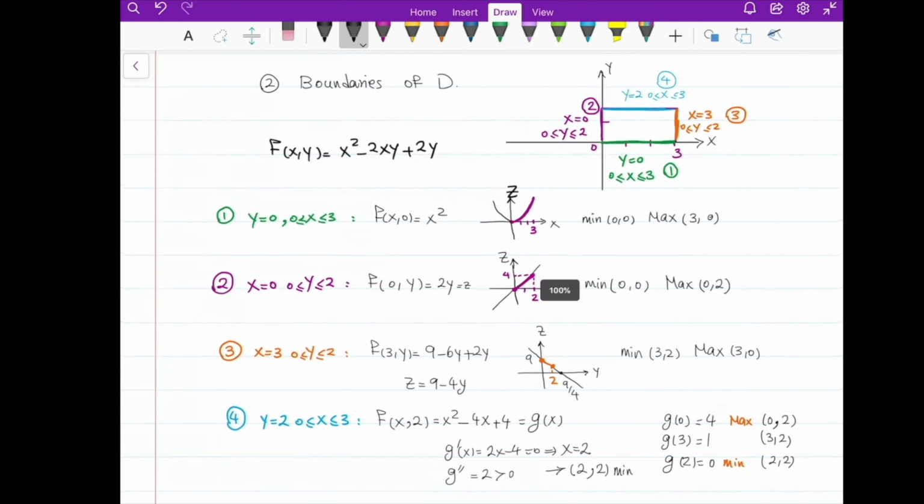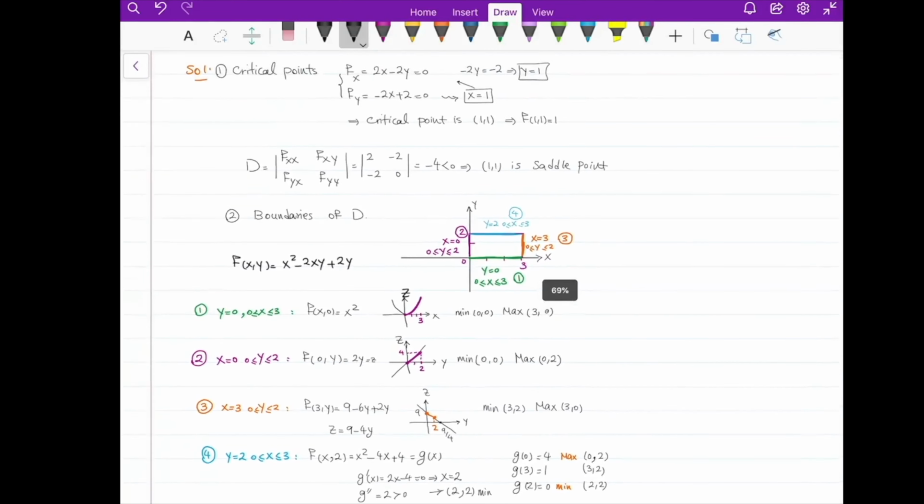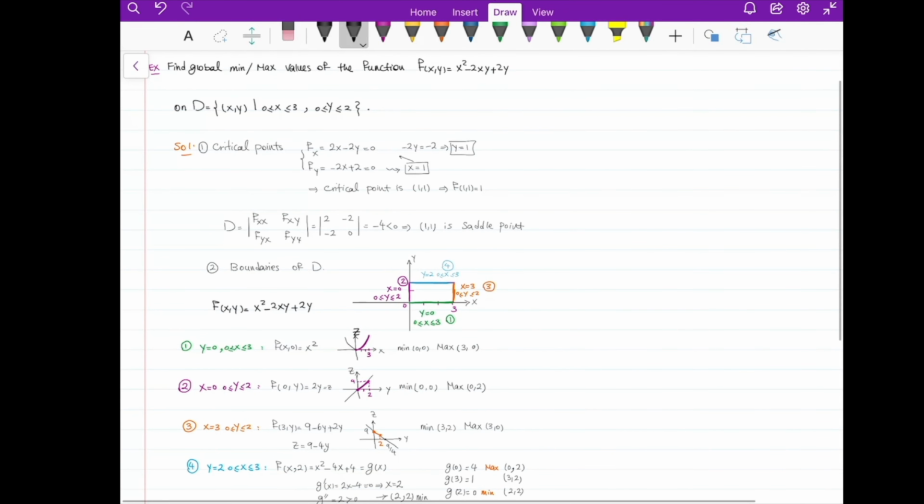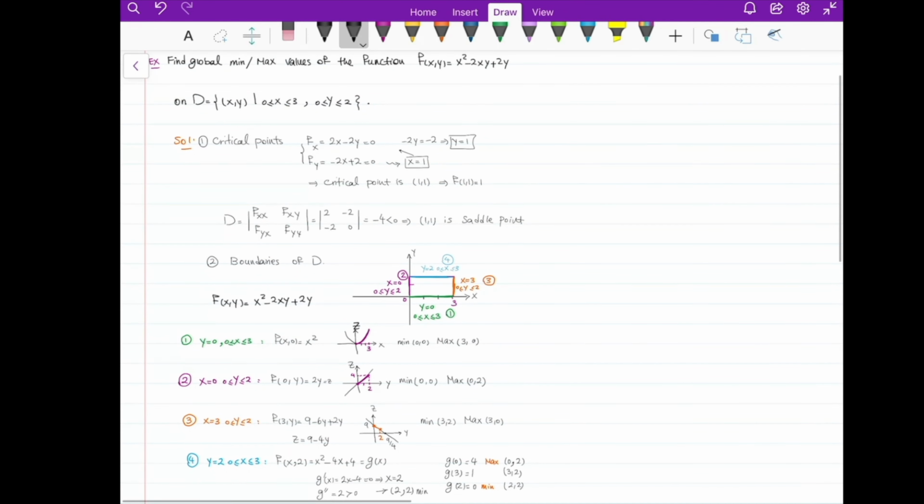Now let's compare all of the points that I got for this example to see which one is global min, which one is global max. I found the point 1, 1 as a saddle point, and then I need to find f of 1, 1.